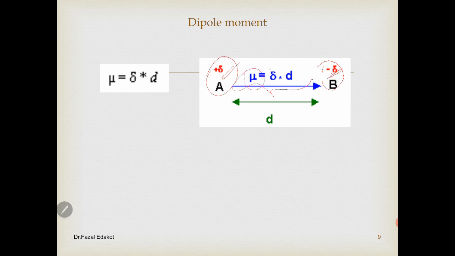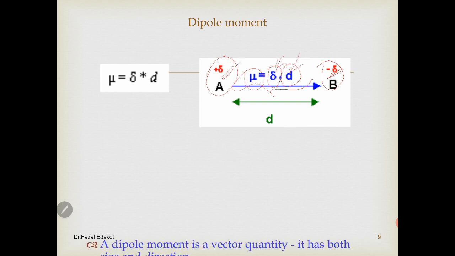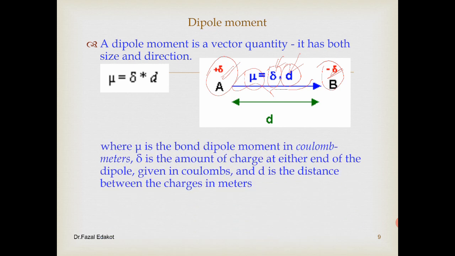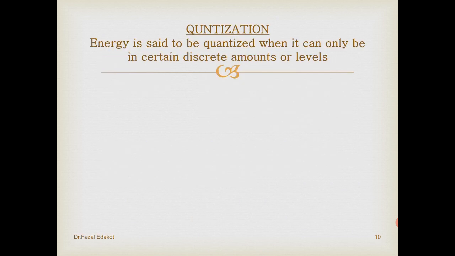So mu equals delta times D. Delta is the charge and D is the distance. Please understand, a dipole moment is a vector quantity. It has both size and direction. Here mu is the bond dipole moment in coulomb meters, delta is the amount of charge at either end of the dipole in coulombs, and D is the distance between the charges in meters.